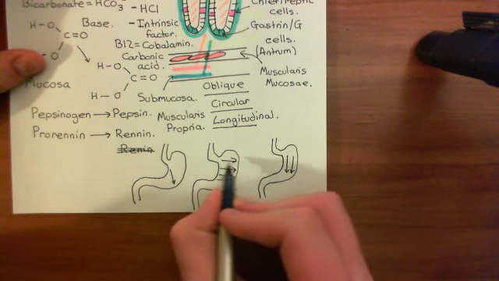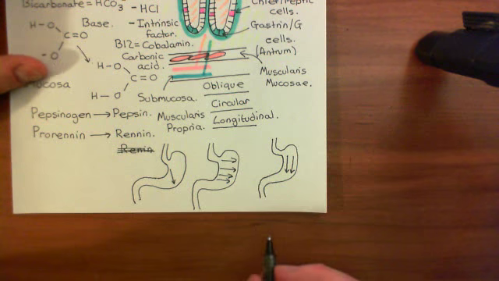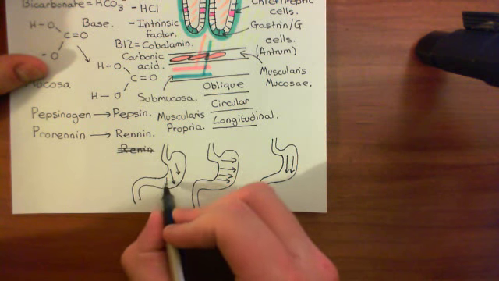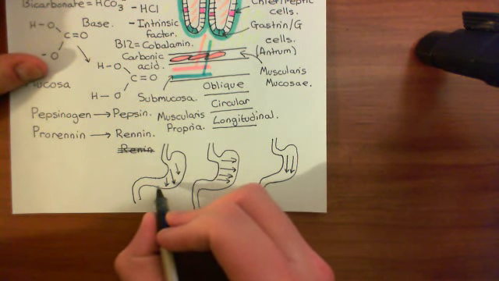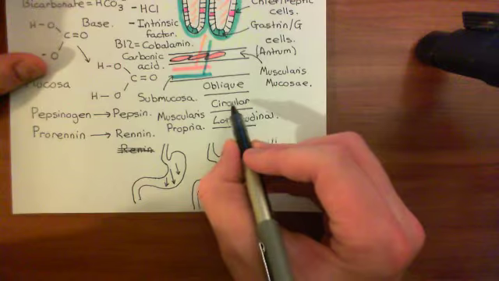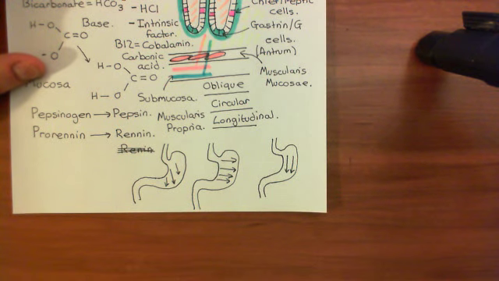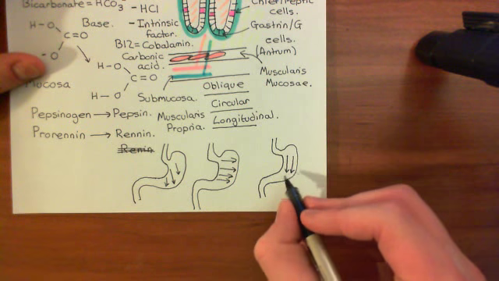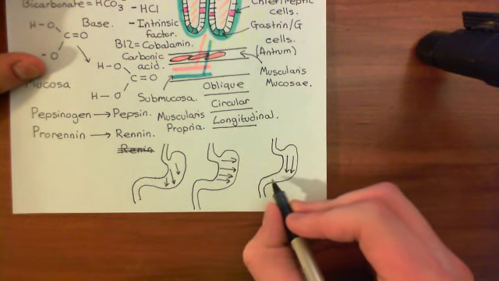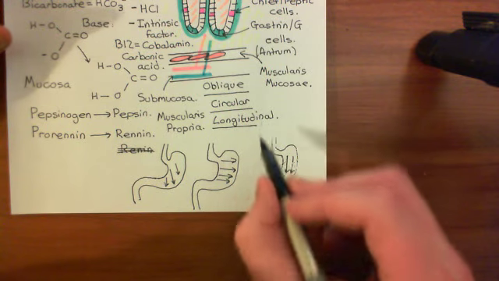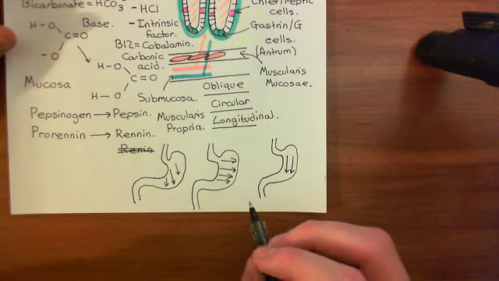Okay? So this is the circular smooth muscle cell fibres. So in the oblique layer, we have smooth muscle cells that are oriented in this sort of direction. In the circular layer, we have them oriented in this direction. And then finally, in the longitudinal layer, we have smooth muscle cells which are oriented in this direction. Okay, right, so those are the three separate layers of muscularis propria.